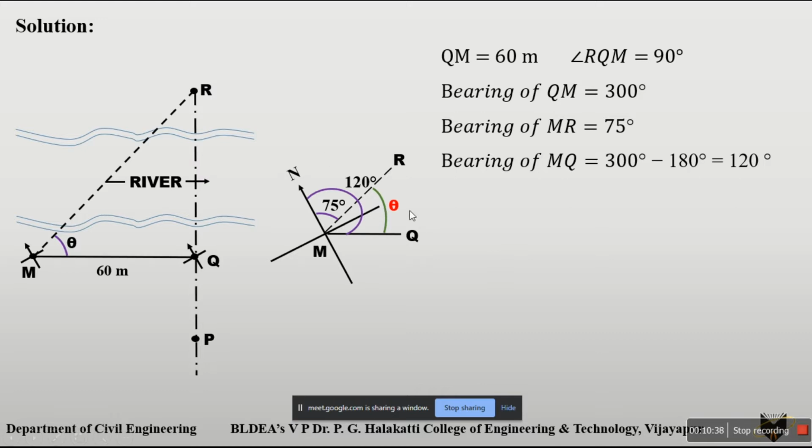We can easily calculate the difference of these two bearings. So our angle QMR is equal to theta, that is equal to 120 degree minus 75 degree, we'll get 45 degree. Clear?